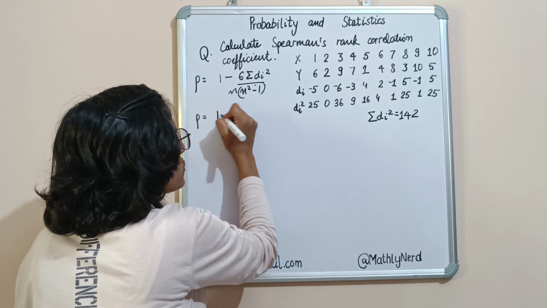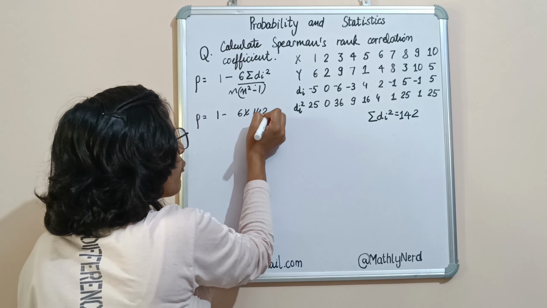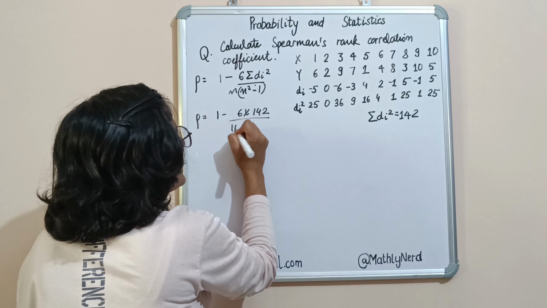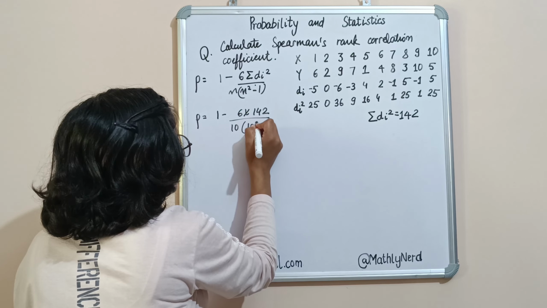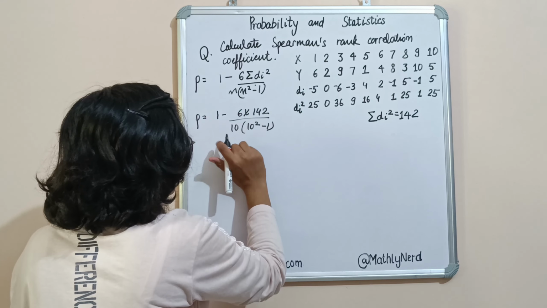So this equals 1 minus 6 times 142 by 10 times (10 square minus 1), because there are 10 individuals.